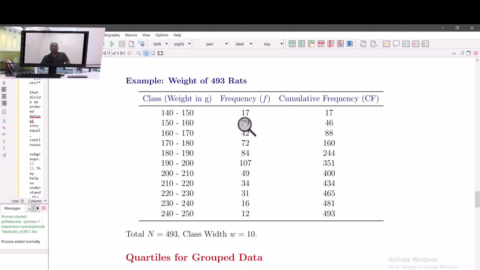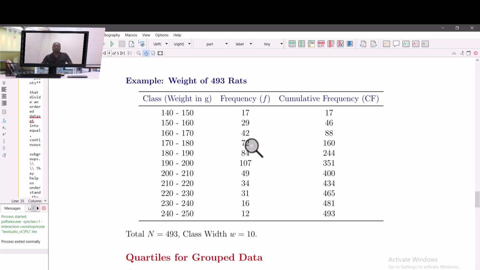17 plus 29 is nothing but 46. 46 is less than that number, so we add 42. 46 and 42, 86. Right? 86 is less than that number, so we add 72. 72 plus 86, 150.